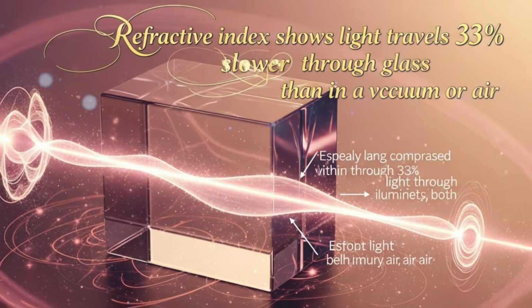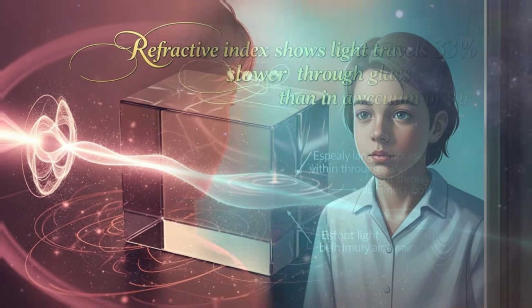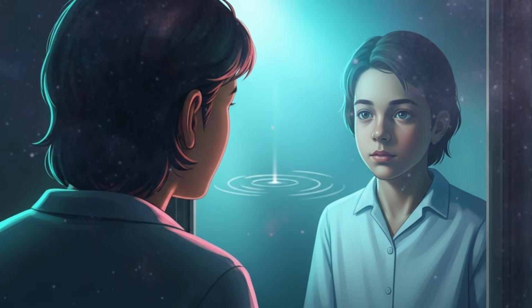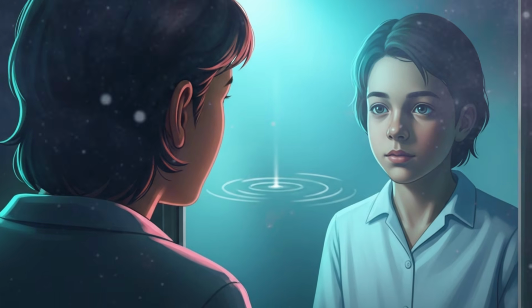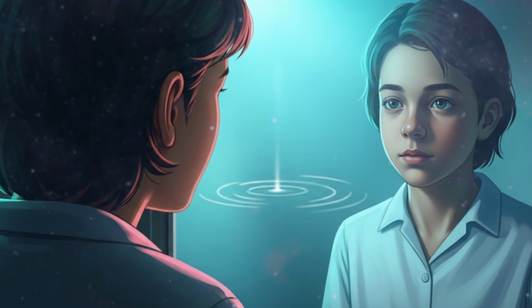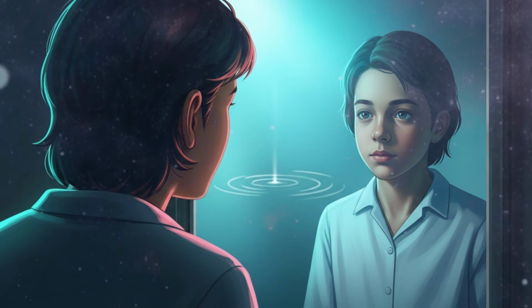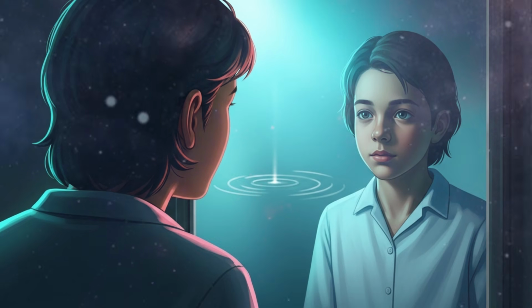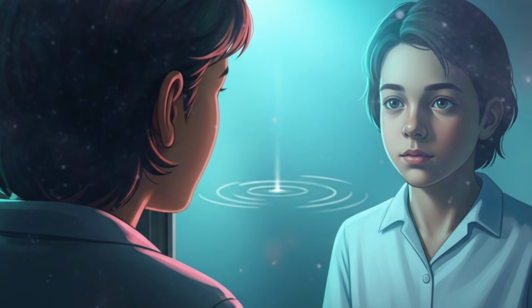From the way subatomic particles interact to the massive gravitational lenses that warp the light of distant galaxies, the universe acts as its own mirror. We find comfort in the fact that the laws of physics do not change depending on where we stand or which direction we face.